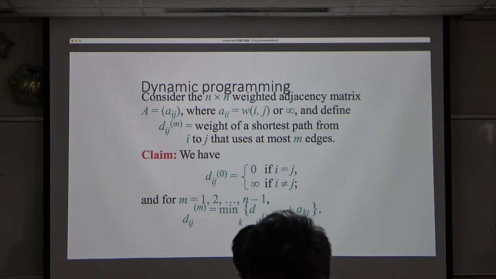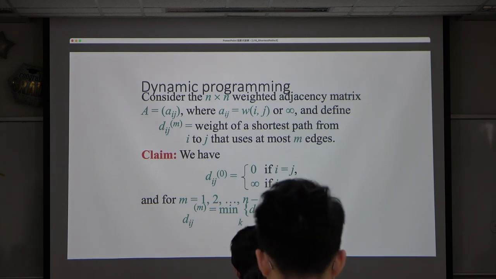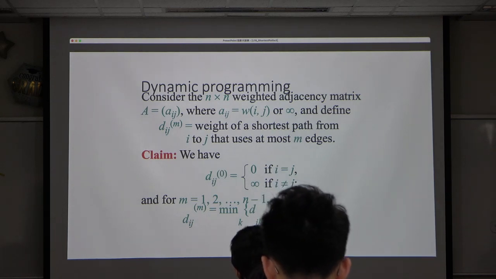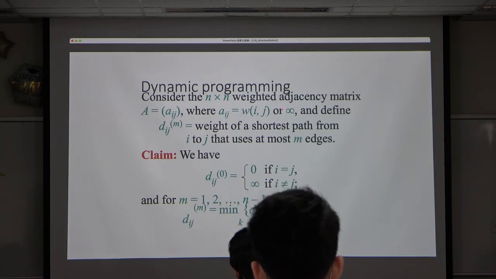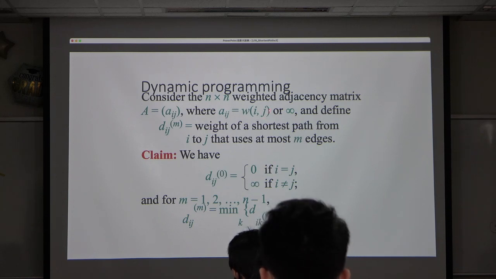So here, let's try to use dynamic programming to solve this problem. Let's consider the n by n weighted adjacency matrix, A equal to lowercase aij. This aij represents the weight of the edge ij, if there's an edge from node i to node j, or infinite if there's no edge.